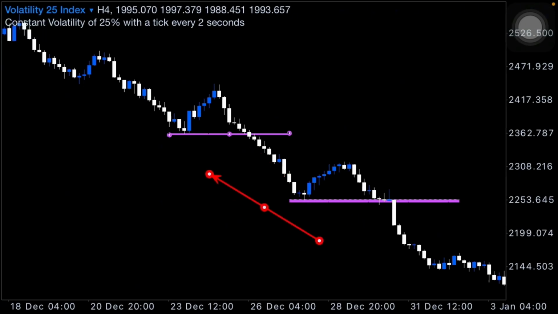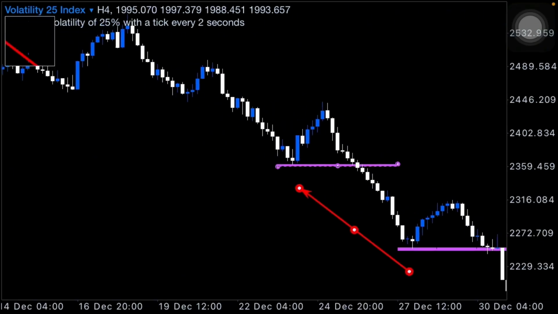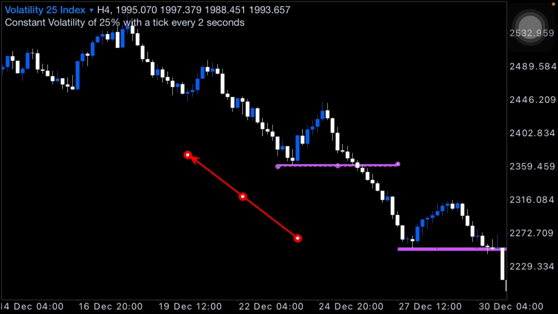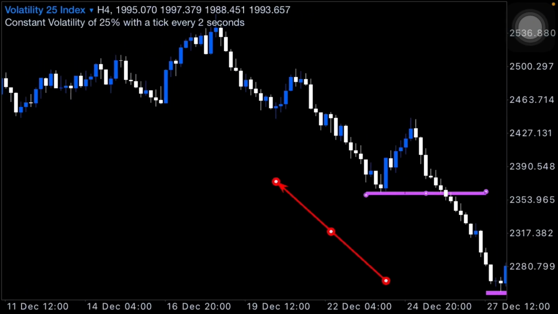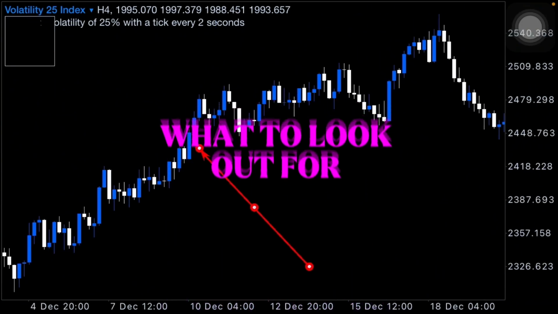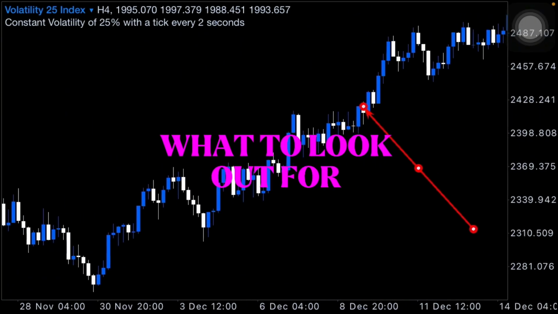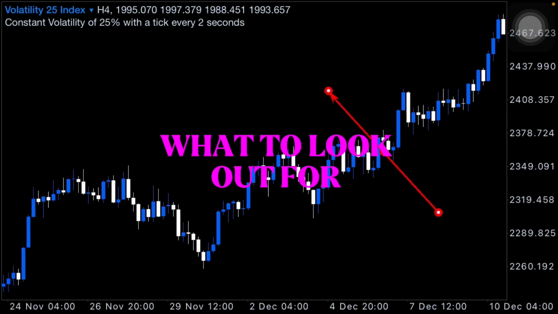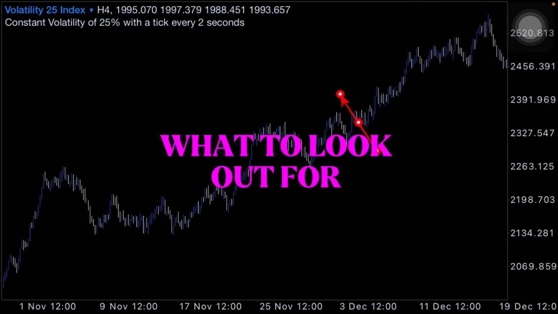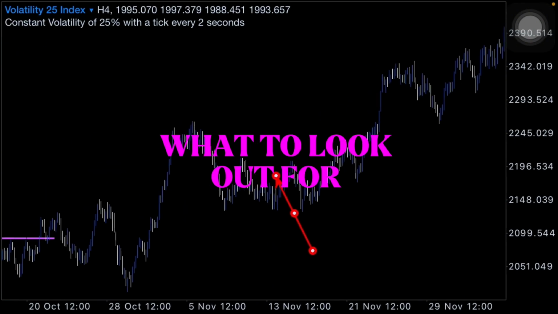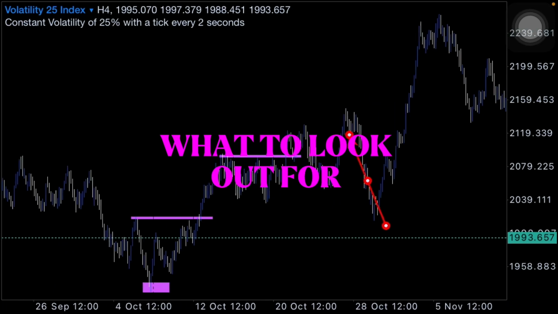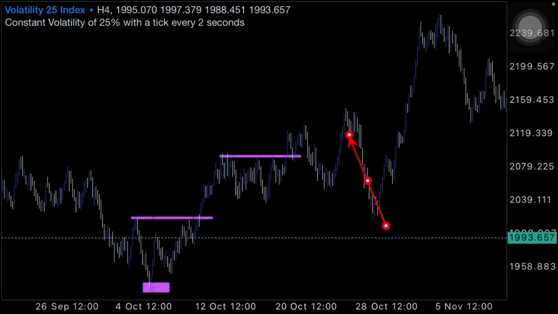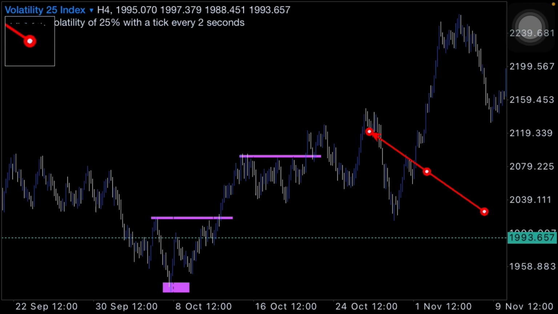Okay, so without further waste of your time, let's move to our last subheading, which is what to look out for in market structure analysis. Personally, when I am analyzing the market, there are these things I look out for.